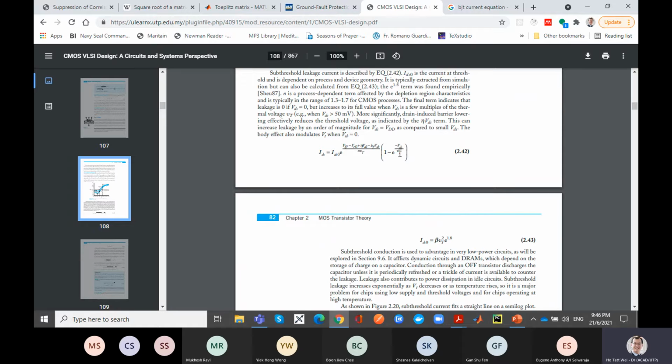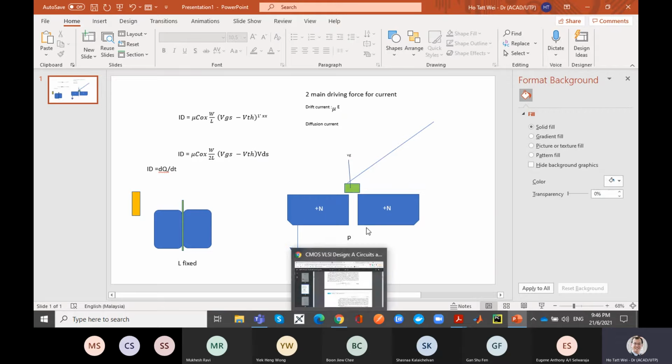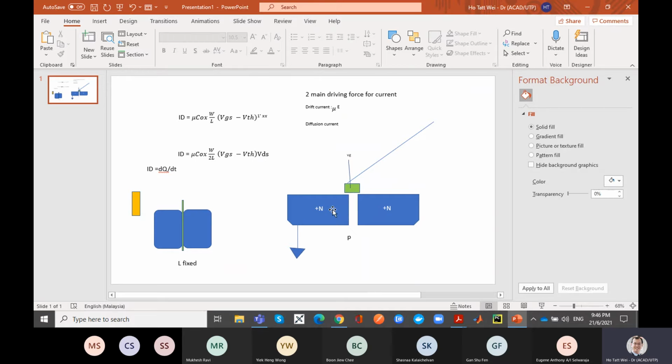This one is the effect of the drain-source current. When you have a voltage across here, you can slightly change the resistance property of this BJT.